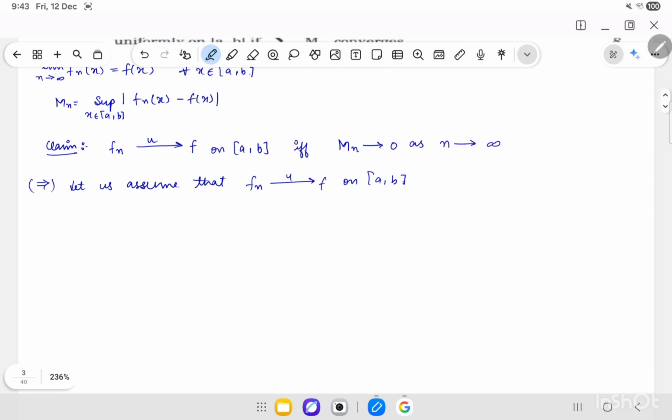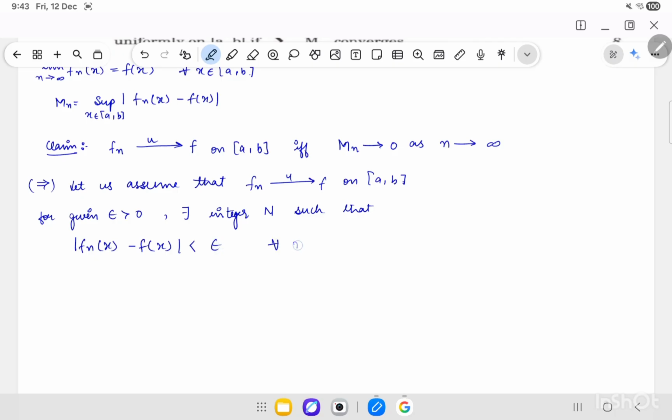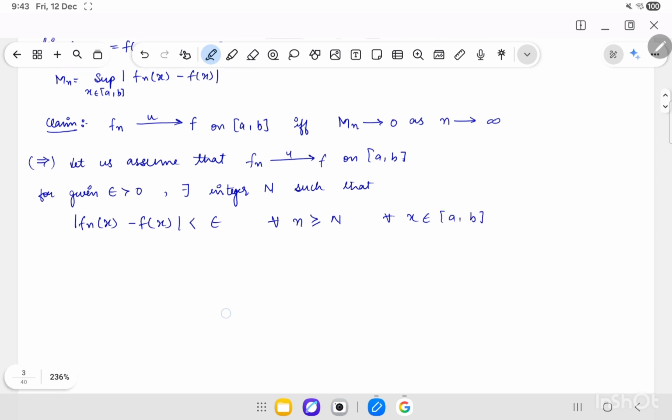If I write its definition, for a given epsilon greater than 0, there must exist an integer capital N such that the modulus of f_n(x) minus f(x) is less than epsilon for all n greater than capital N, and it holds for all x in the closed interval a comma b, because this is uniformly convergent on the closed interval a comma b.